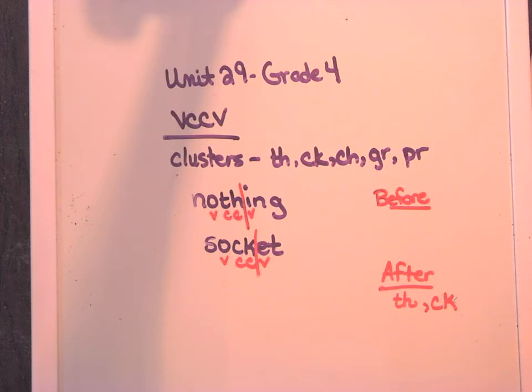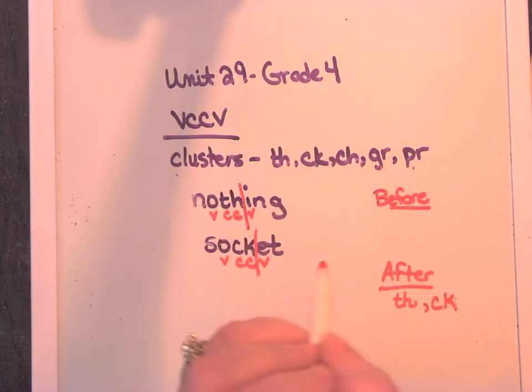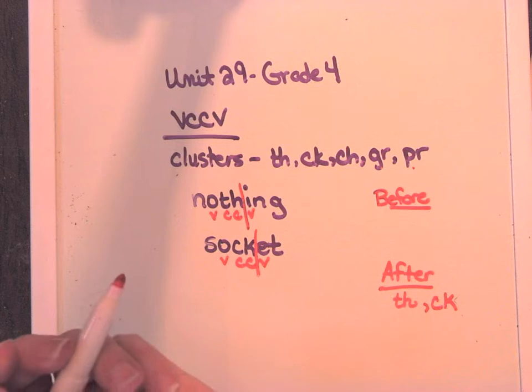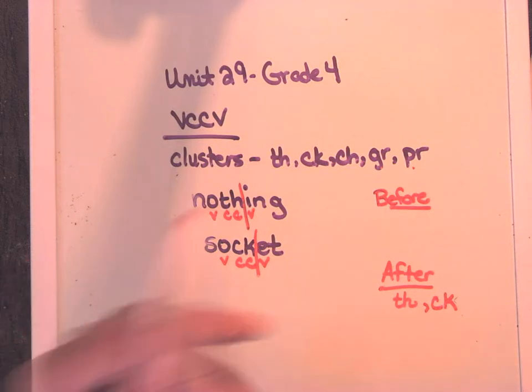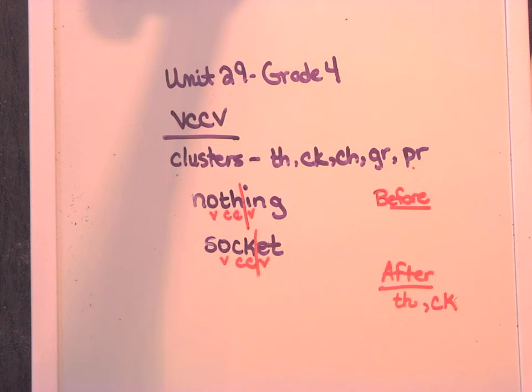The other ones that we have, like GR, PR, CH, those types, we're going to see them dividing before the consonant. So let's look at our review words. We have the word teacher.